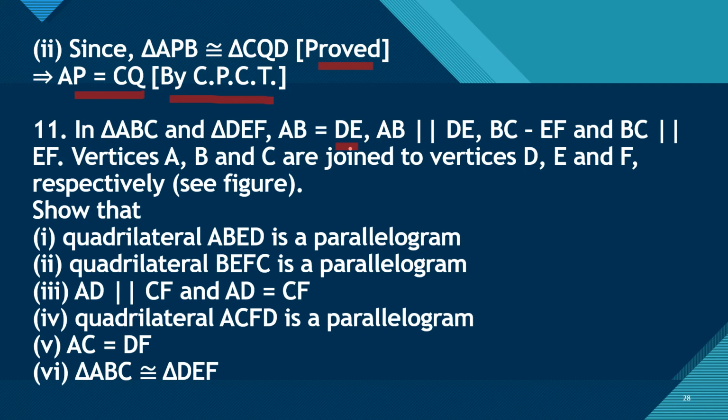See figure. Show that quadrilateral ABED is a parallelogram, quadrilateral BEFC is a parallelogram, AD is parallel to CF and AD is equal to CF, quadrilateral ACFD is a parallelogram and AC is equal to DF, and triangle ABC is congruent to triangle DEF.